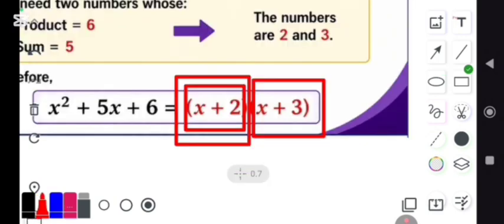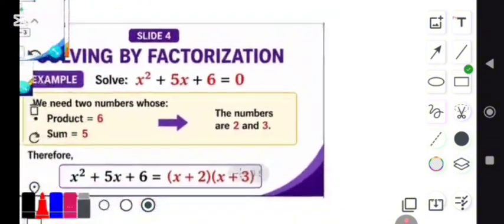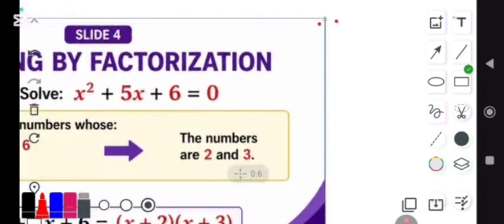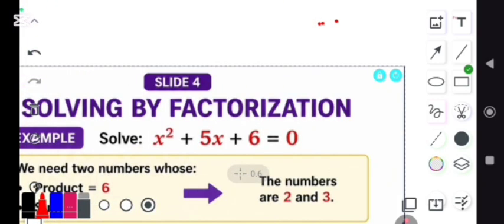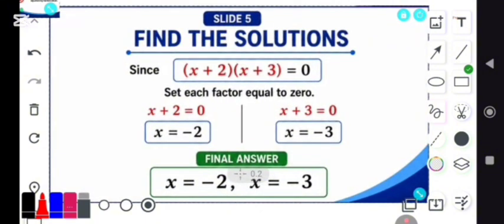Can you see that both brackets are multiplying themselves? Yes, that's how it's supposed to be. Now, when the product of two things in mathematics is equal to 0, what it means is that one of them must definitely be 0. You have to equate both of them to 0, because what we are actually factorizing is a quadratic equation.